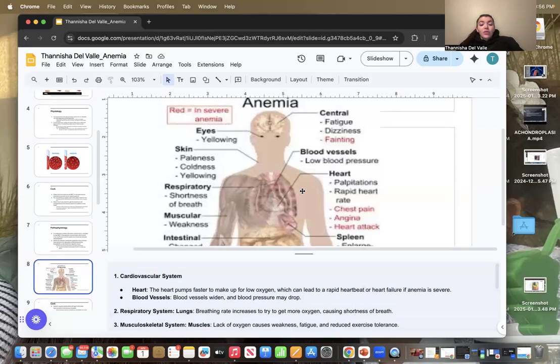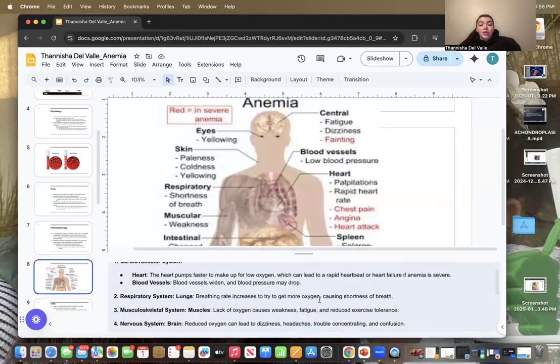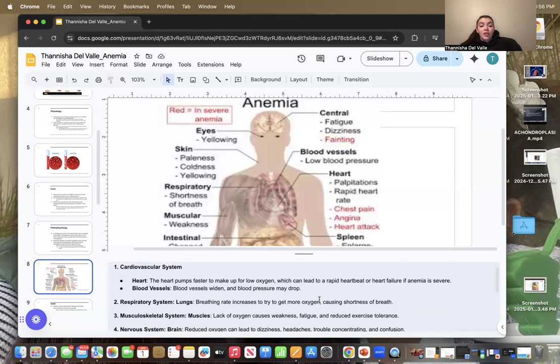Blood vessels also widen, and that's why blood pressure may drop. In the respiratory system, the lungs increase breathing to try to get more oxygen, causing shortness of breath. So, lots of different things can happen here. Again, respiratory: shortness of breath.